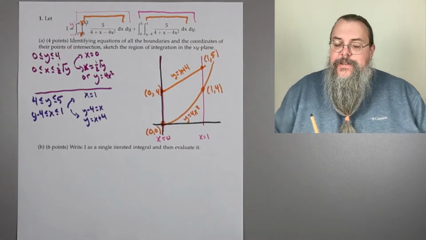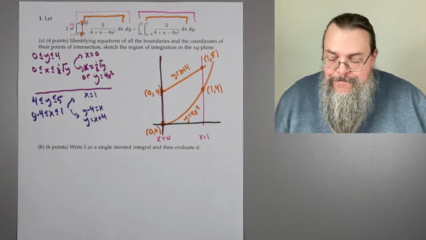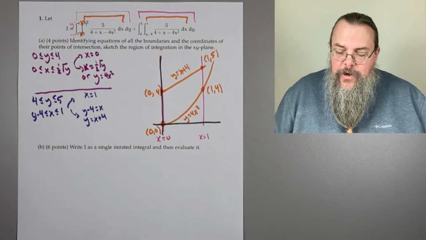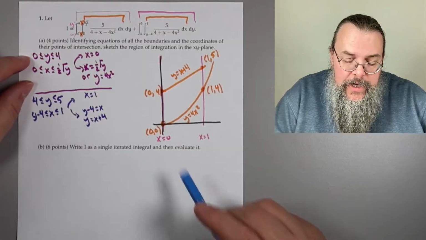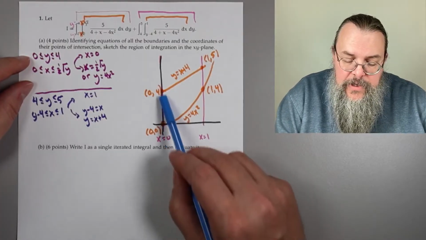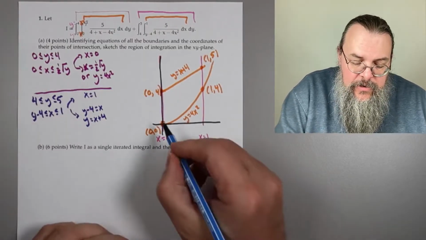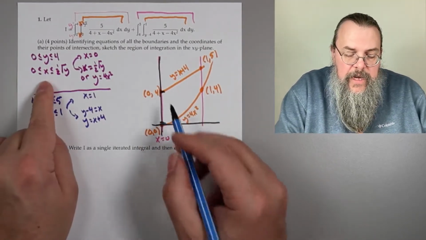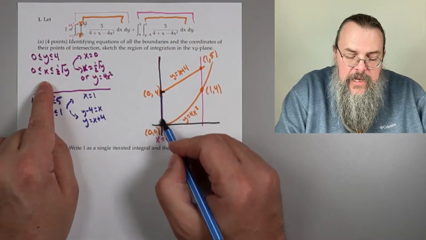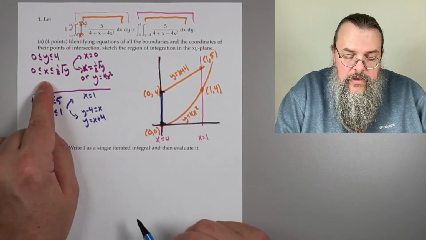Okay, now let's shade in. So what are our regions? For our first integral, y goes from 0 up to 4. So we're in between 0 and 4. And then we're going to have x go from the left-hand side, this curve, 0.